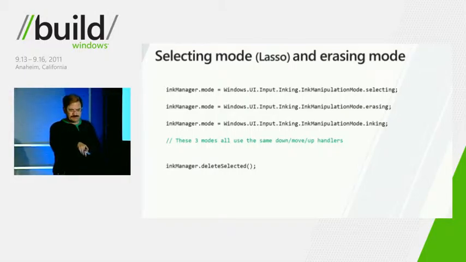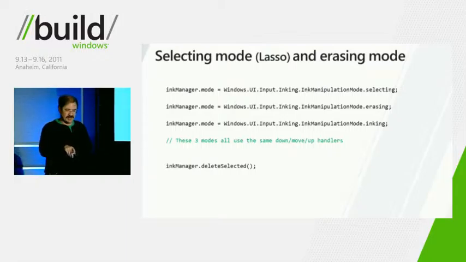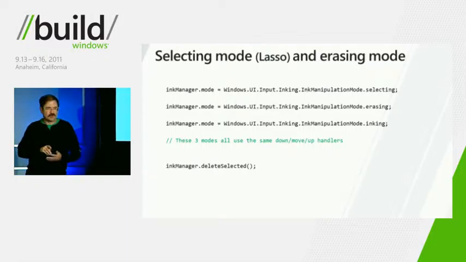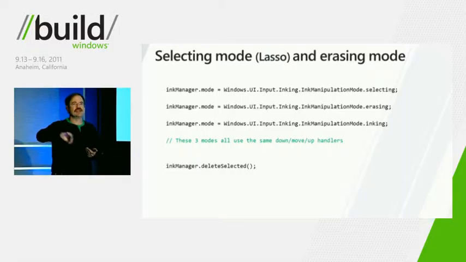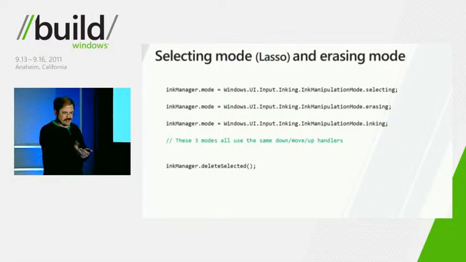There's a mode here on this next slide. You'll see there's three values to that: selecting, erasing, and inking. What's kind of nice here is when Annie was doing this selecting, she had the lasso. It looked like a sort of tan piece of rope. All the code had to do was set the mode to selecting, and that will make the ink manager treat the stroke that comes in next as a selecting stroke and not an ink stroke.